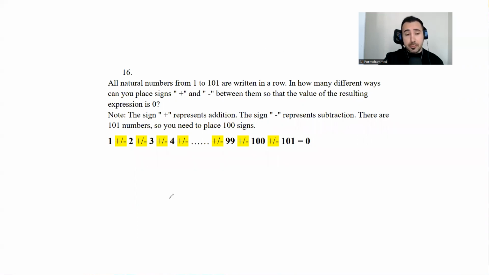So for example, my first guess could be 1 plus 2, and then minus 3. And then that's 0 already. And then plus 4, and then plus 5. And then maybe minus 6, and so on. So how many ways are there to put all of these and get to 0?